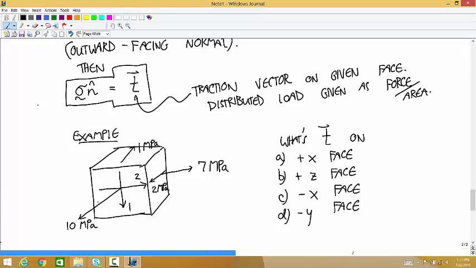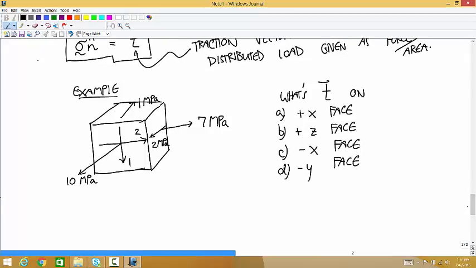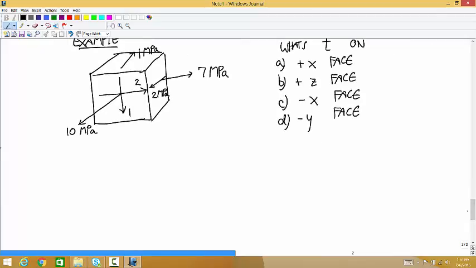On the positive z face, we should get 2, negative 1, 10. And then all of the negative faces should be the opposite of that. So like the negative x face should be negative 7, 0, negative 2. Okay? That's what we need to get. And we're going to do it with this multiplication rule, this stress tensor rule. So the first thing we have to do is go from this to the stress tensor.